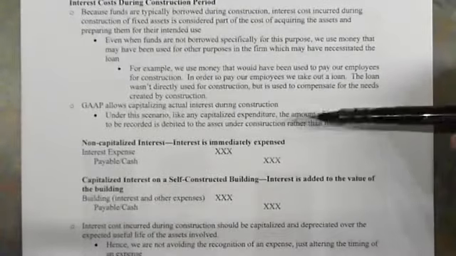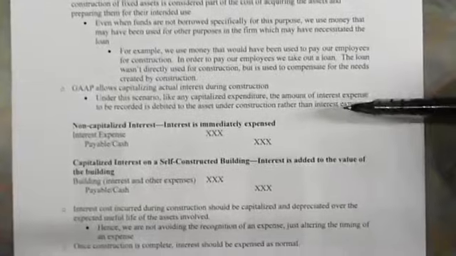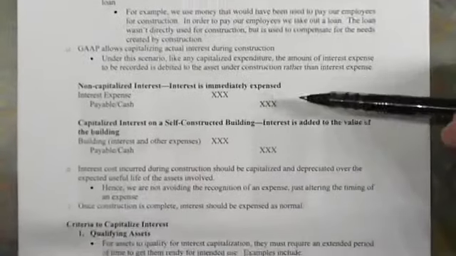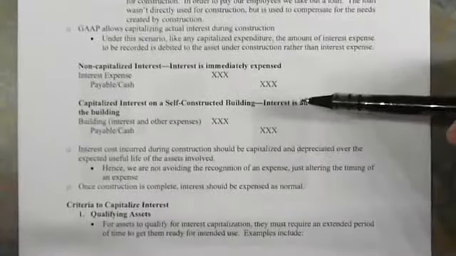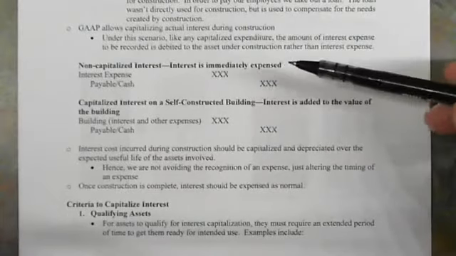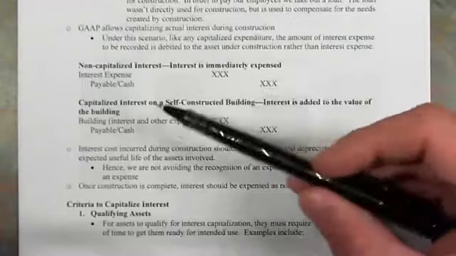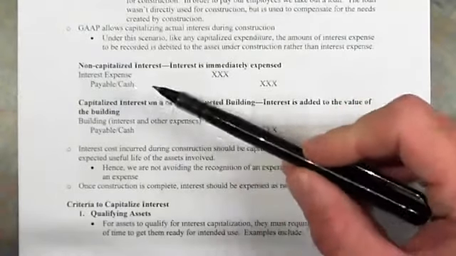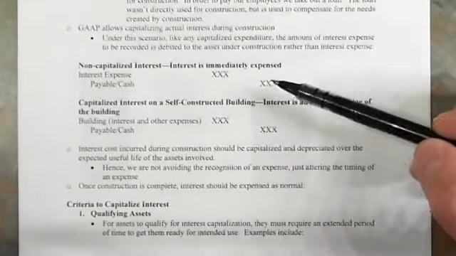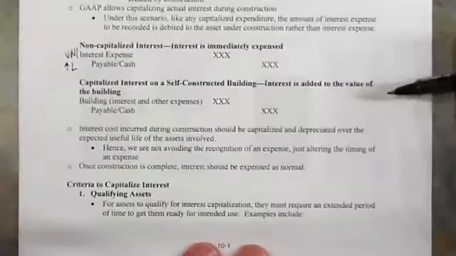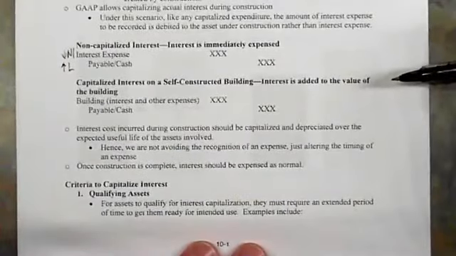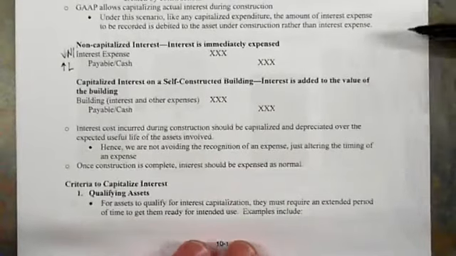So this allows us to actually capitalize certain costs in construction. And of course, when we look at the capitalization procedure, we know already that if we have non-capitalized interest, this is what it would look like. Interest expense, either interest payable or paid during the period, credited, right? A reduction to net income and an increase in the liability. Capitalized interest on self-constructed buildings is going to be added to the value of buildings, right?